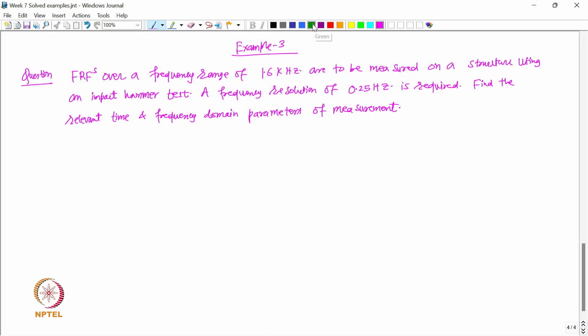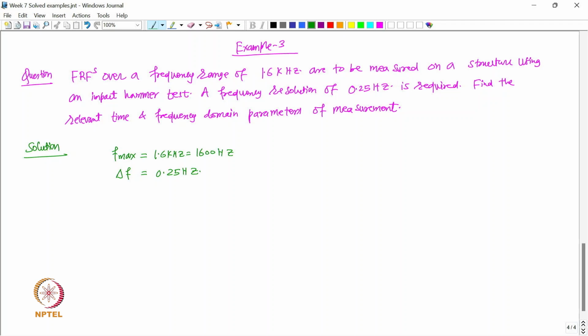So, let us solve this problem. What has been given? We have been given f max as 1.6 kilohertz, which essentially means 1600 hertz, and we have been also asked to have a frequency resolution of delta f, which is 0.25 hertz. That is the frequency resolution that is desired, right?